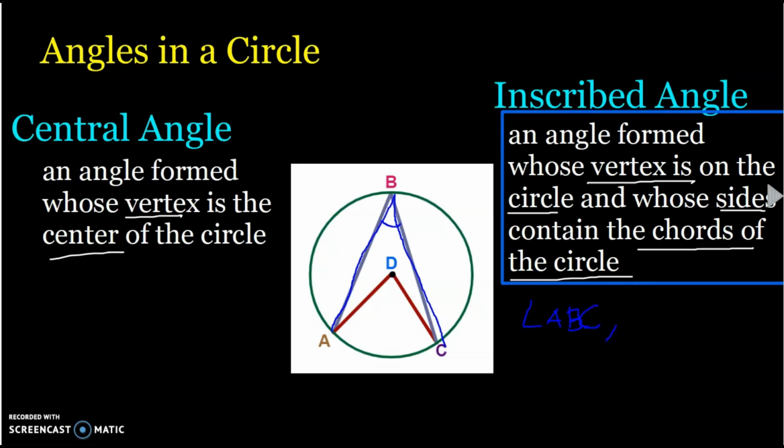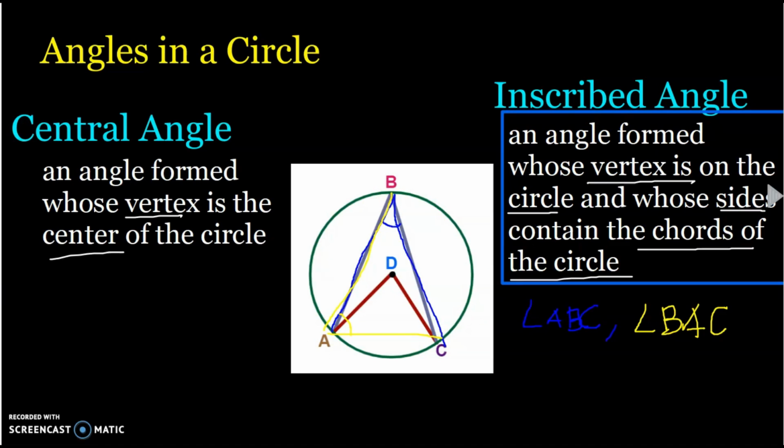But aside from angle ABC, we could also name angle BAC. There you have it. So, angle BAC, this time our vertex is A, and A is still a point on the circle. And as you can see, aside from A and B, we also have point C on the circle.